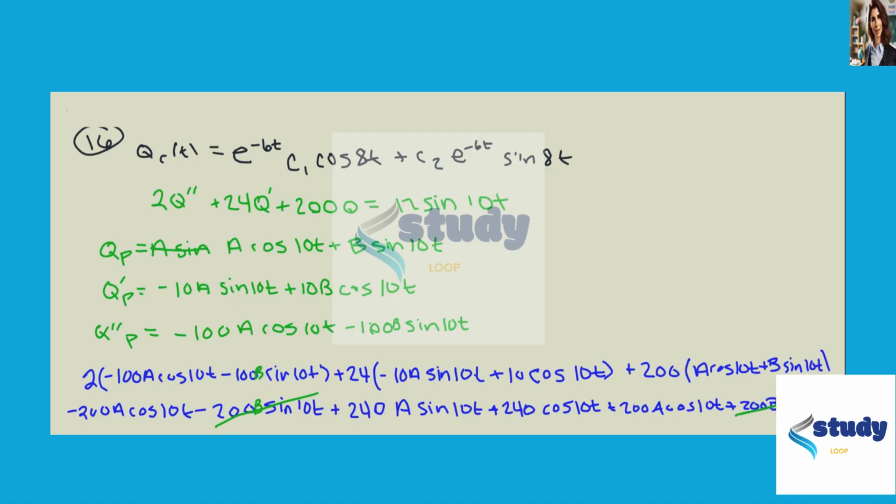So now this negative 200B sine and this one cancel out, and 200A cosine and this one cancel out.